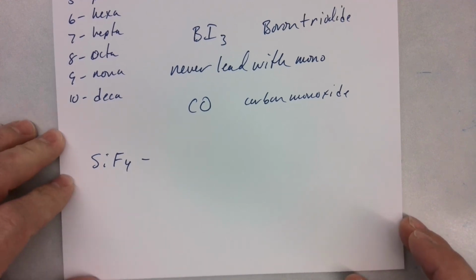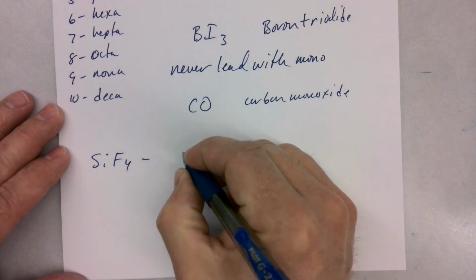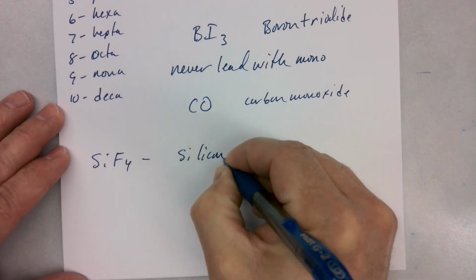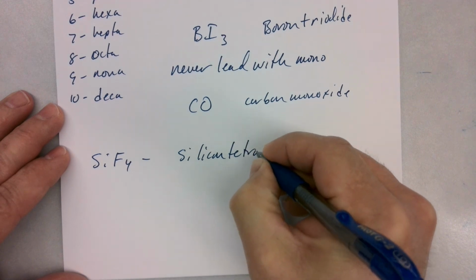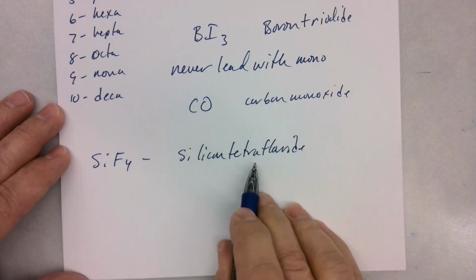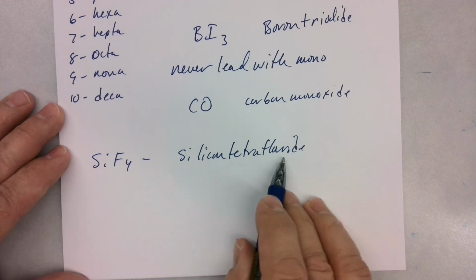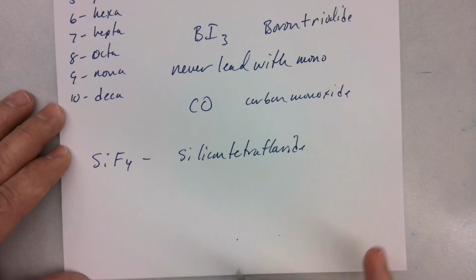Alrighty, who was 7? What do you got for me? Silicon tetrafluoride. And do I need the A there? Yeah, because that's a consonant, not another vowel, right? Silicon tetrafluoride.